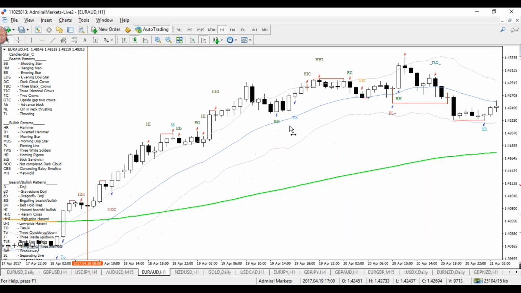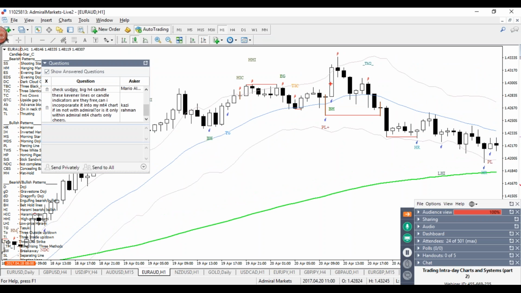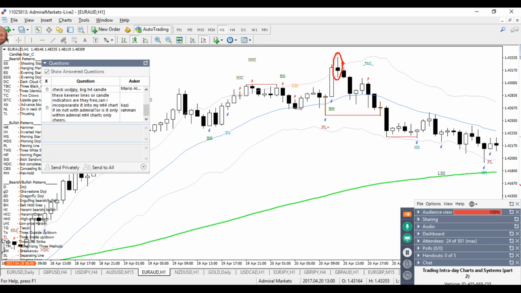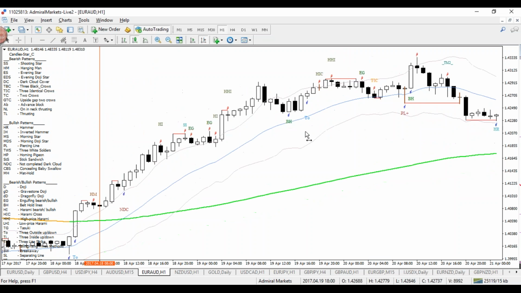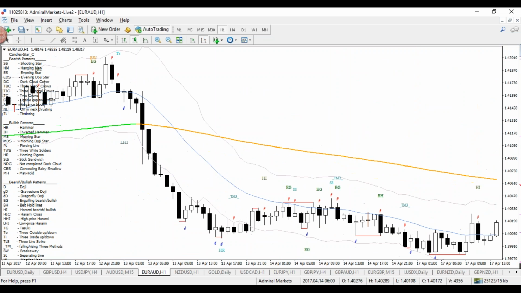So that does not qualify. This one is not one that qualifies for this system, but obviously sometimes this could be a discretionary one for you, if you like a good pin bar, good candlestick pattern, but it's not within the system that I'm discussing now.